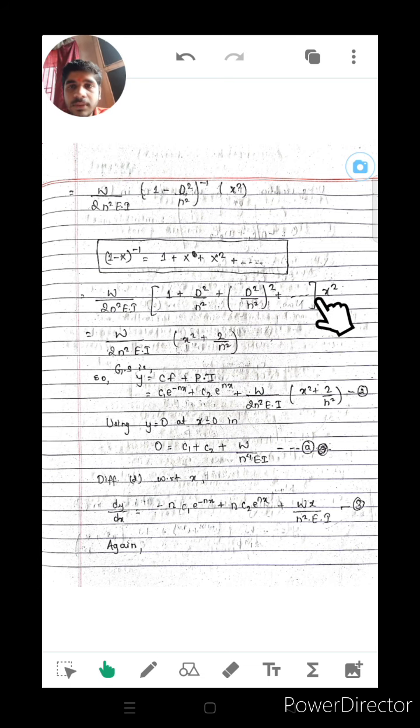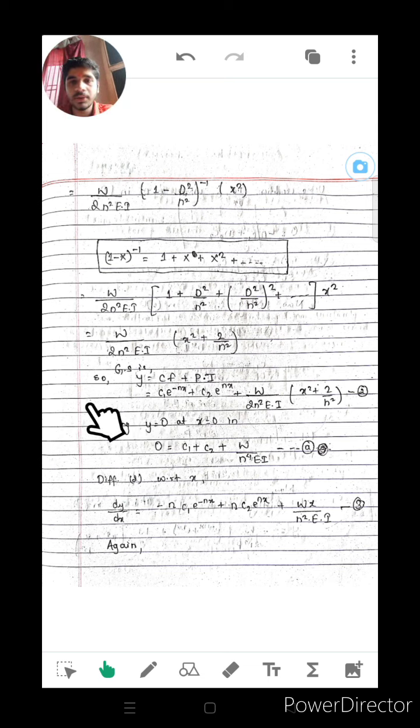The second derivative of x square is 2, and here it is constant, so n square. Now the general solution is y equals CF plus PI, where we have already found CF and PI.